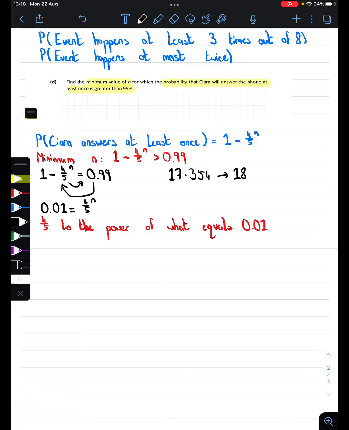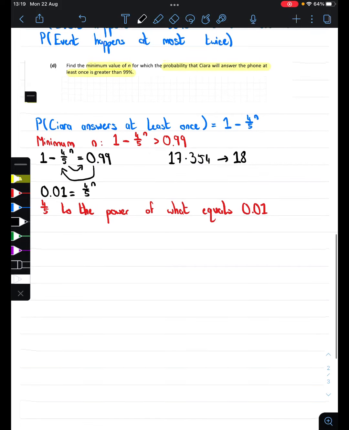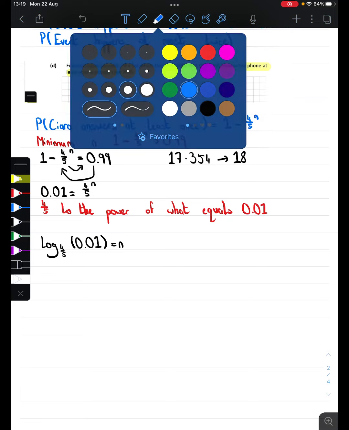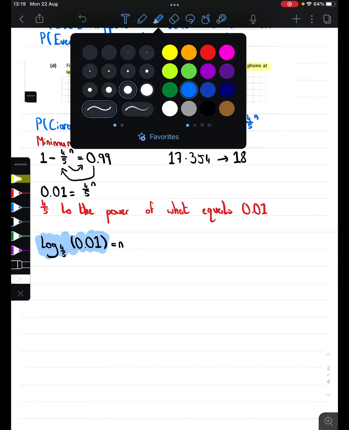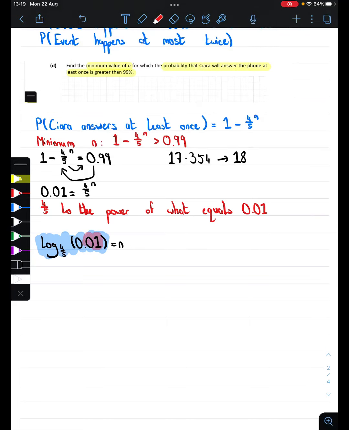And now we have a way of rephrasing this question in maths terms. So this equation is the same thing as this equation: the logarithm base 4/5 of 0.01 equals n. Because that's all that the logarithm is. The logarithm is basically the question, the base to the power of what equals the thing in the brackets. That's just what the logarithm is.